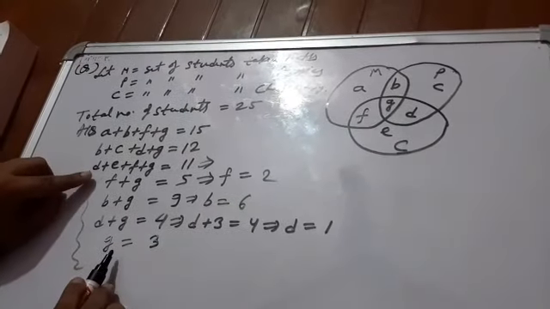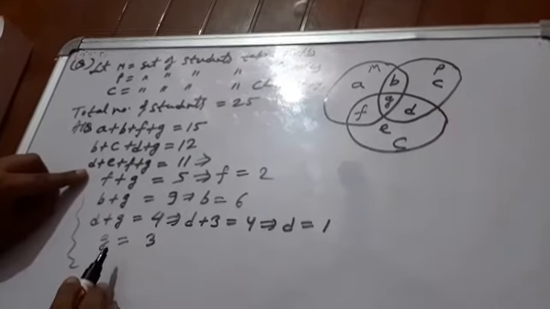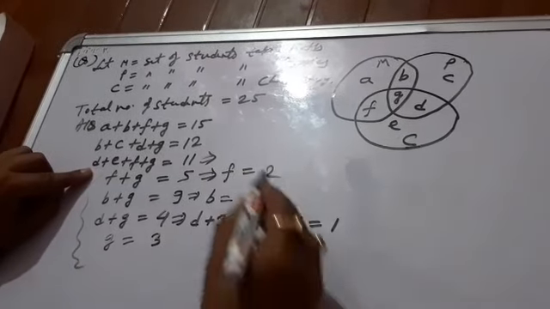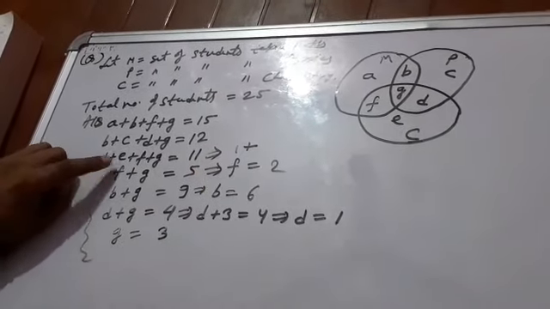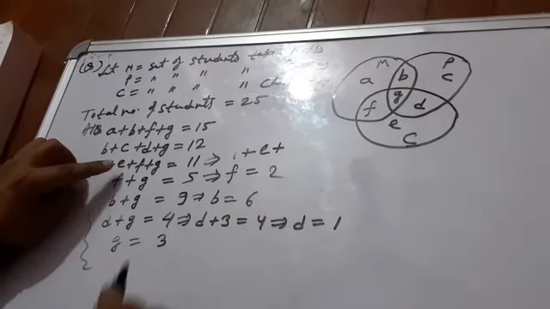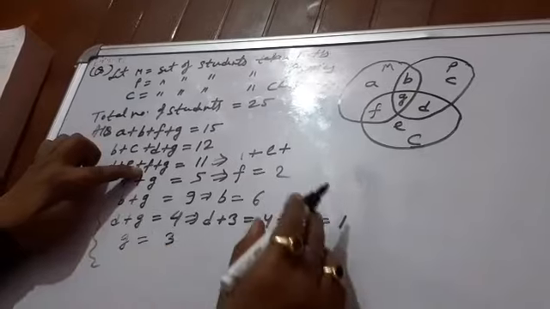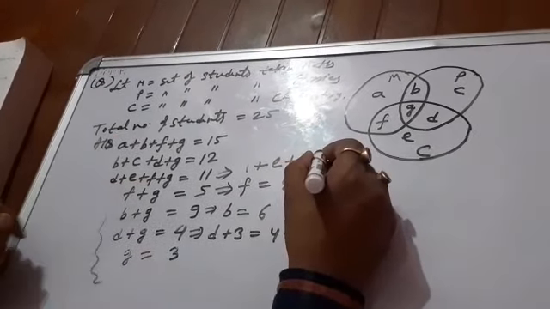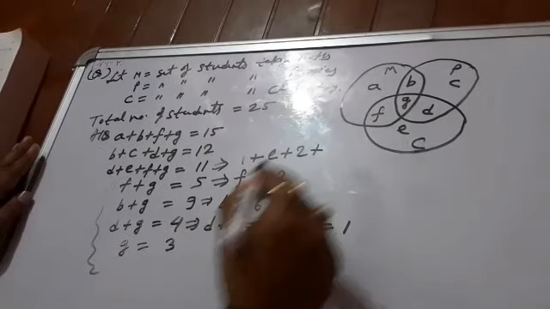Now listen. Here the value of D you got, yes, it is 1. Then 1 plus the value of E, not got yet, so it is E. The value of F is 2. Then the value of G is 3.